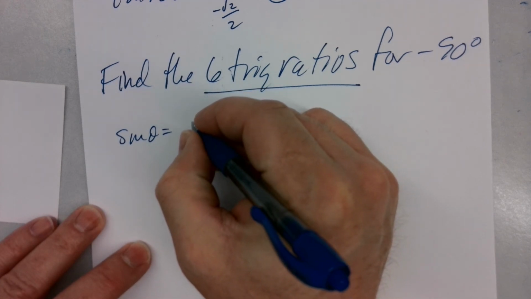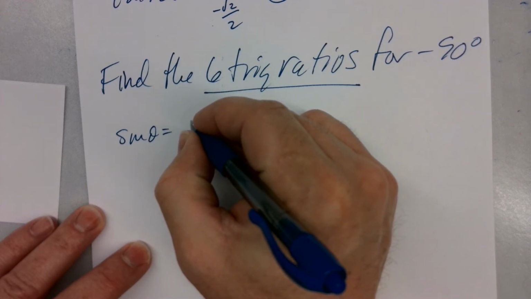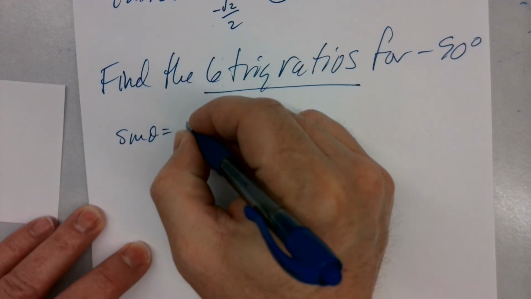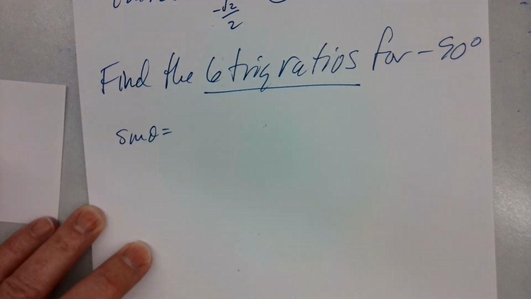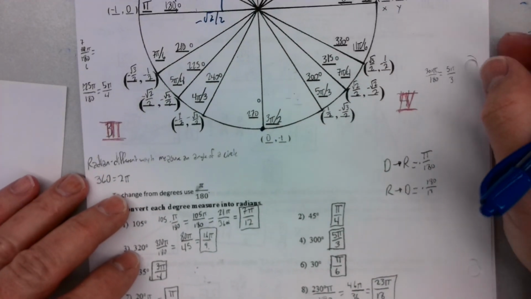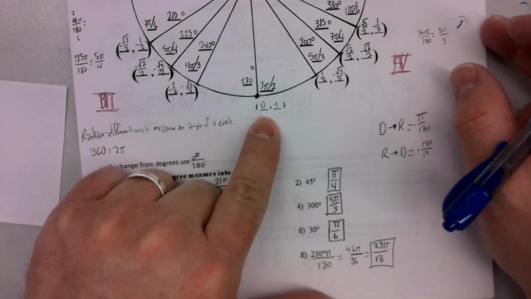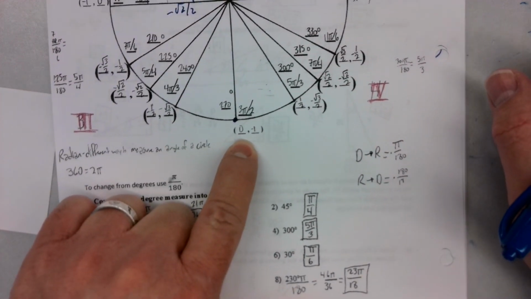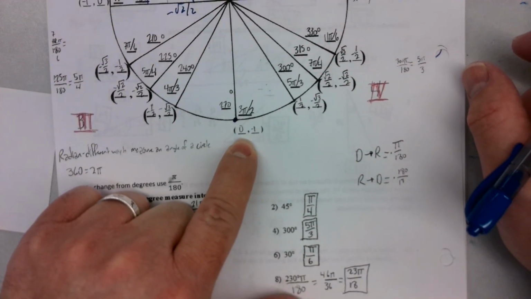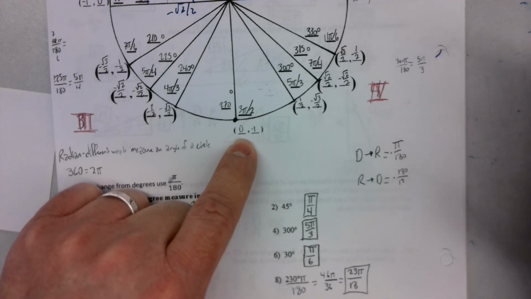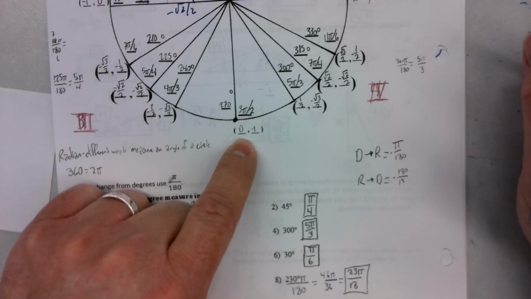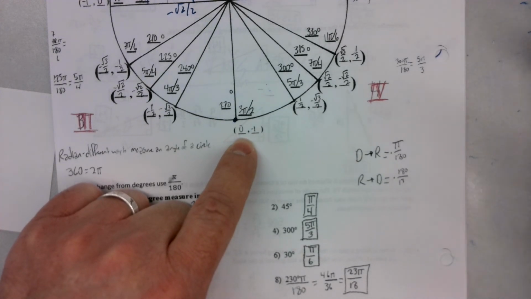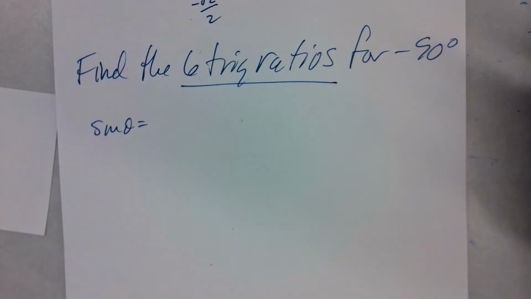Sine is Y over R, so you do radical 2 over 2, wouldn't you? Where are you getting those values from? No, it's 0, negative 1. You got 0, negative 1 right here, don't you? You're as close as ever, just got the wrong numbers.